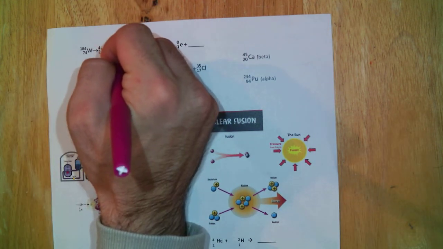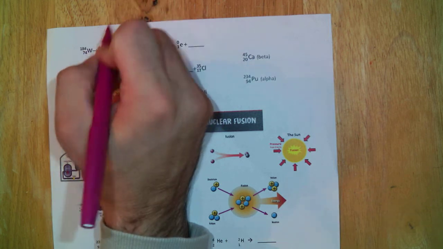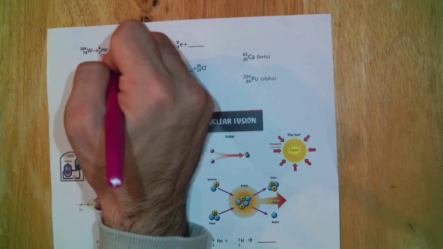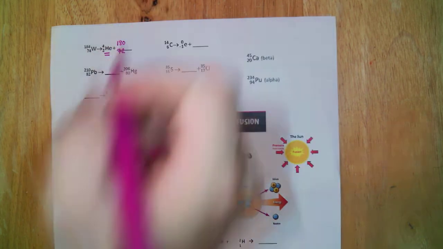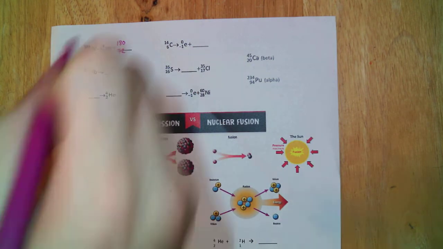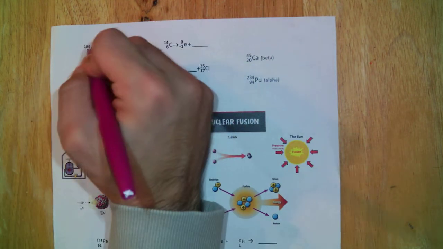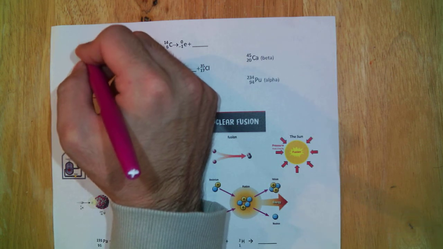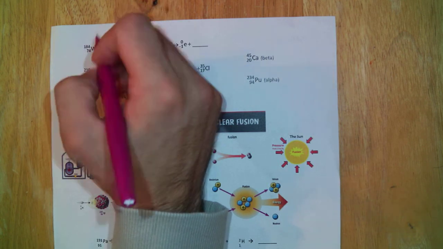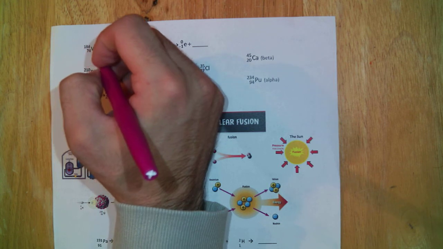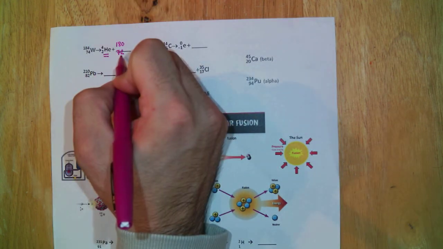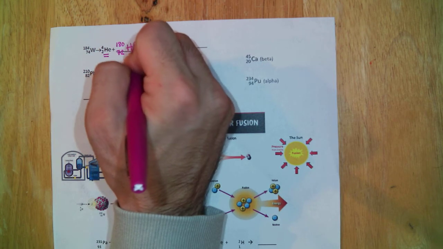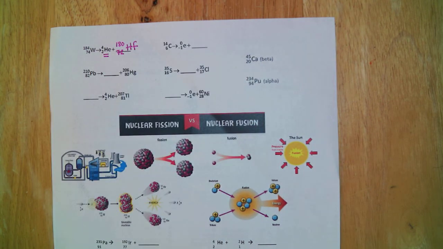So this changes to 72, and it's going to cause the mass number to decrease by 4, so that's going to change to 180. And then the last thing I have to do is fill in what isotope this changed into. Remember, nuclear chem is the only type of reaction where the element can actually change. And it does change because I'm changing the number of protons. How do I find what element 72 is? I look on the periodic table, I find out that it's hafnium.